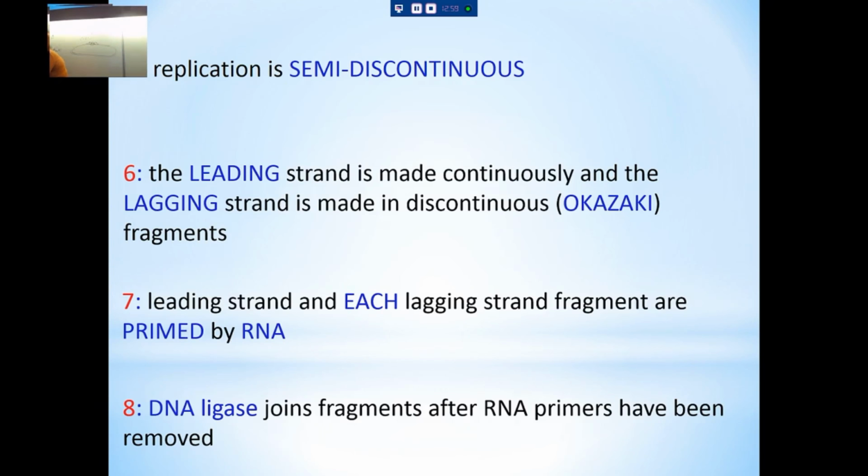That creates, when DNA is being made, a long continuous strand, which is linked to its copy, and it creates short little fragments like this on the lagging strand.